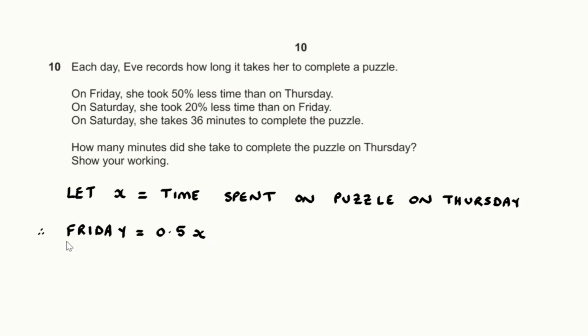And then we know on Saturday she took 20% less time than on Friday, so we have 0.8 multiplied by 0.5x. So this is how long it took her on Saturday. So Friday, 50% less time. And then Saturday, we've got 20% less time.